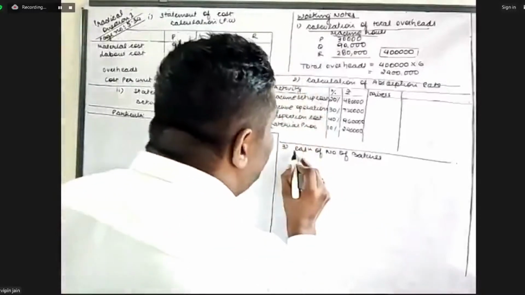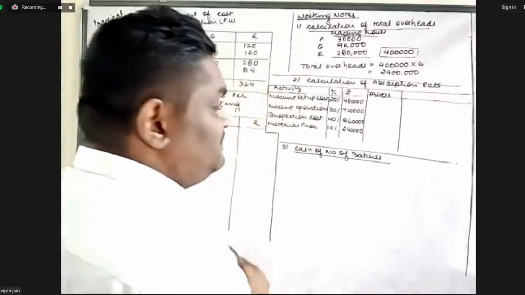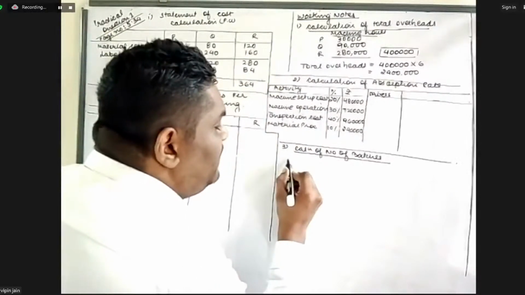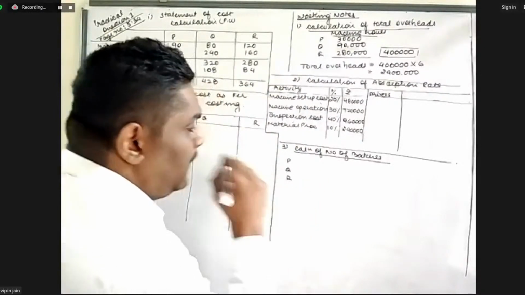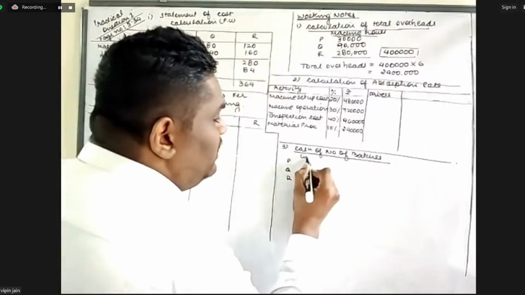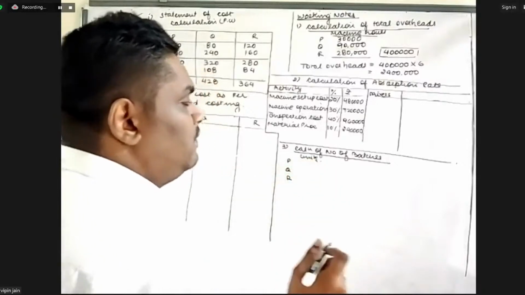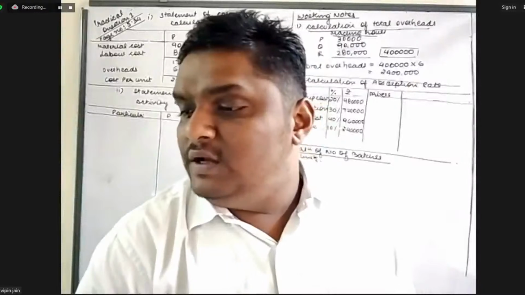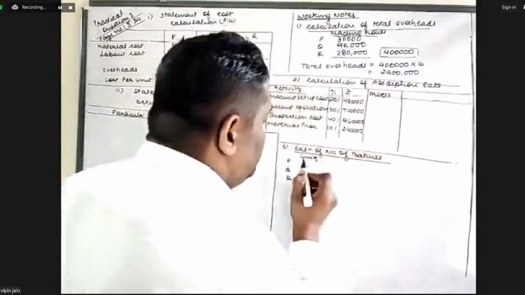So calculation of number of batches. Now, when talking about products P, Q, and R, total units manufactured are 3,000, 5,000, and 20,000.